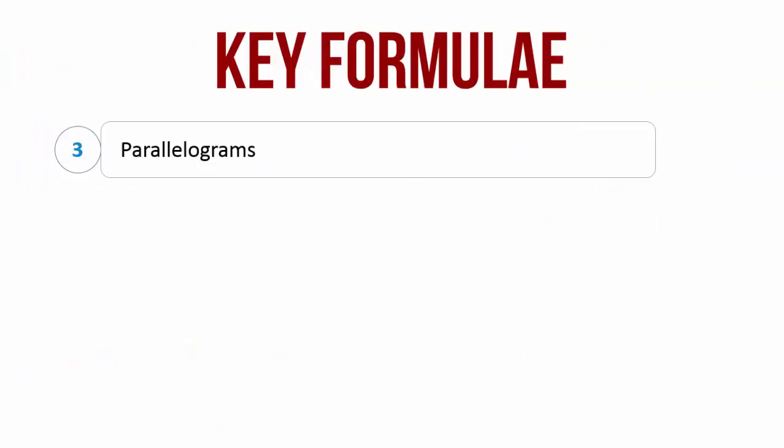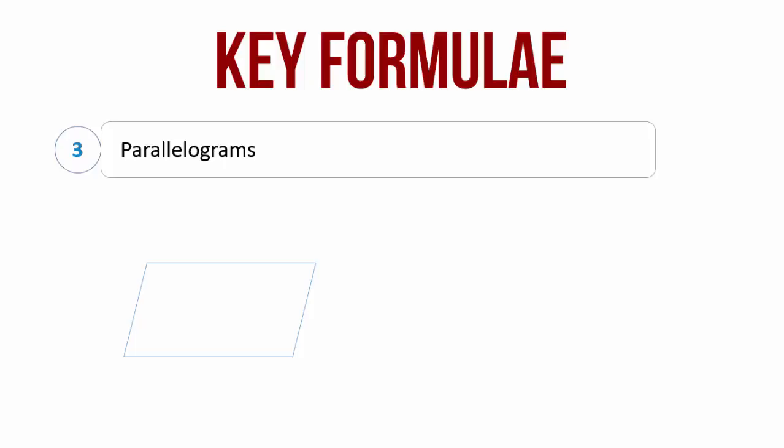The third shape we are looking at is a parallelogram. Now a parallelogram is a four-sided figure where opposite sides are parallel to each other. A rectangle and a square are also parallelograms. They can be said to be special parallelograms where the sides are perpendicular to each other as well.